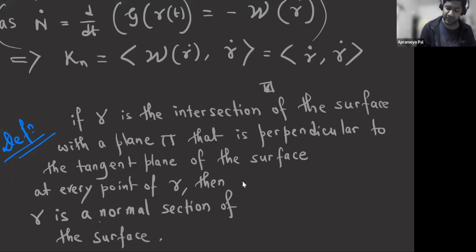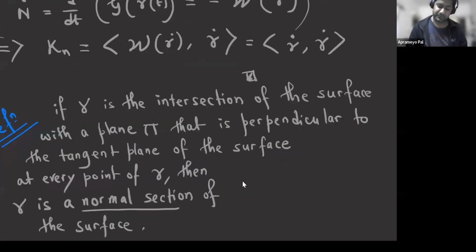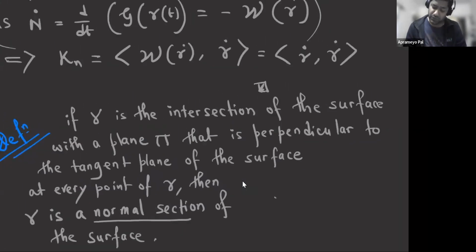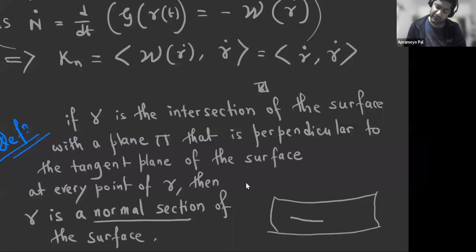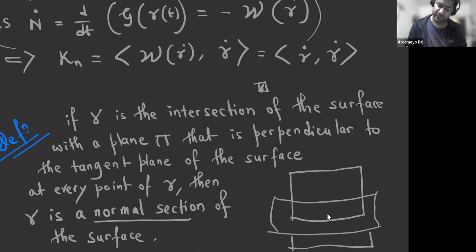So what do I mean? Let me draw the picture. You have a surface, and let's say you have a curve here, which you obtained as an intersection with some plane. And this is the normal vector.